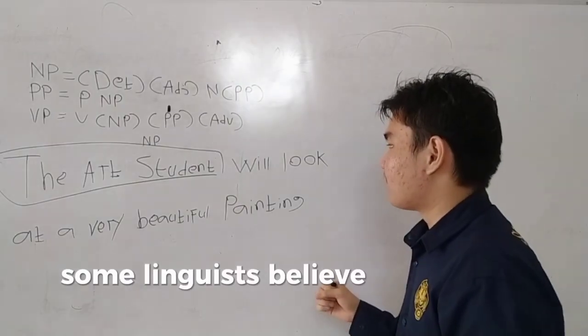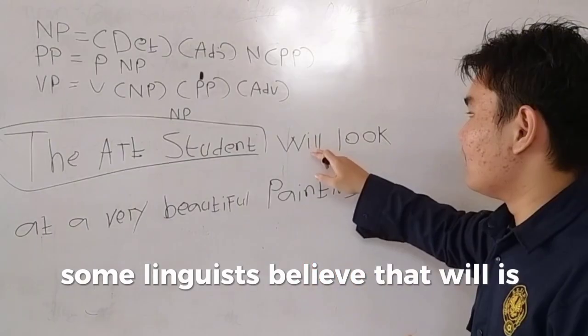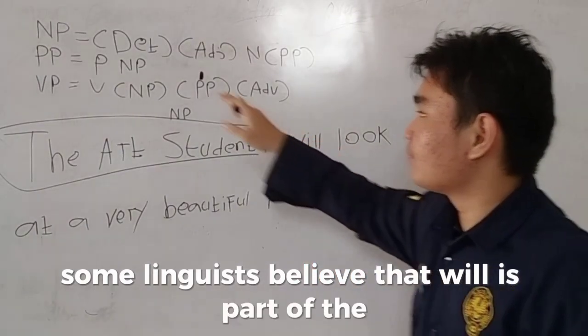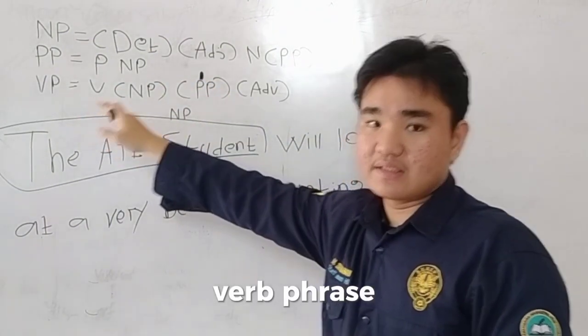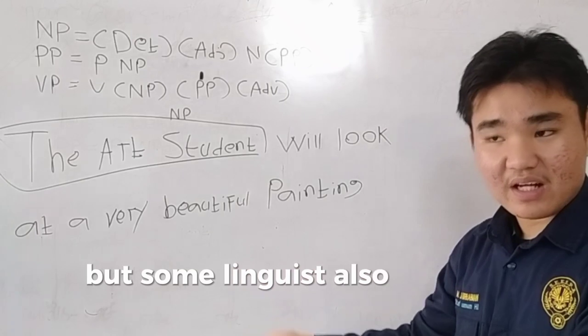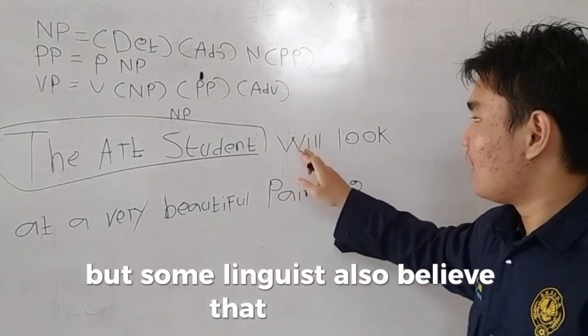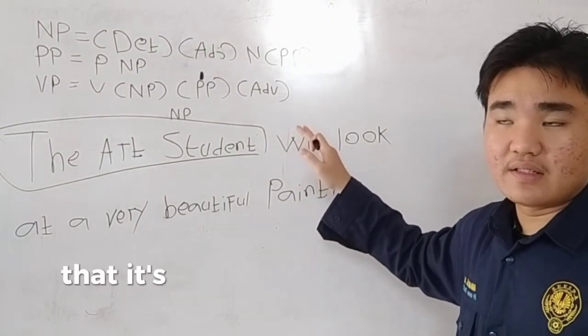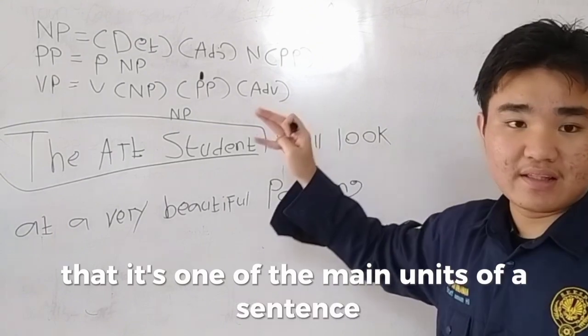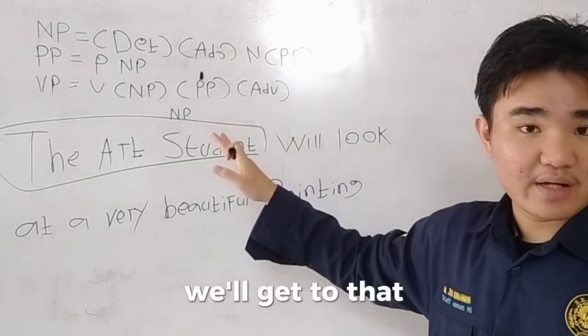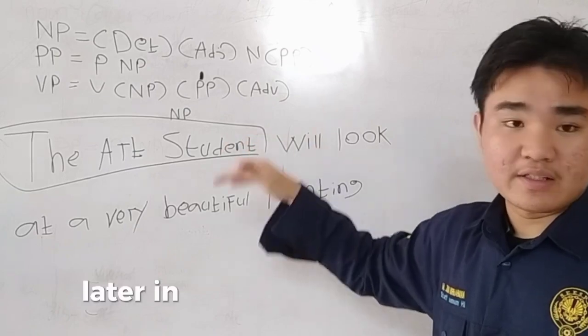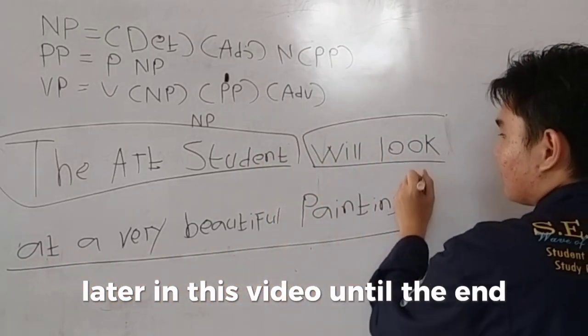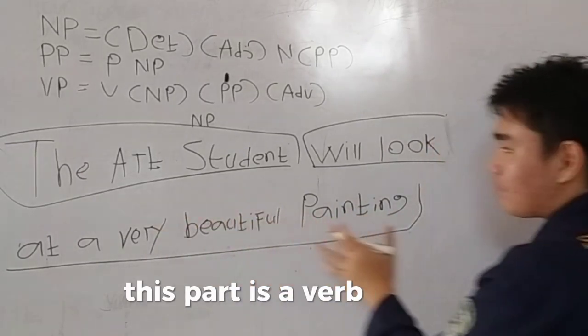Some linguists believe that will is part of the verb phrase. But some linguists also believe that will is a standalone, that it's one of the main units of a sentence. We'll get to that later in this video. Until the end, this part is a verb phrase.